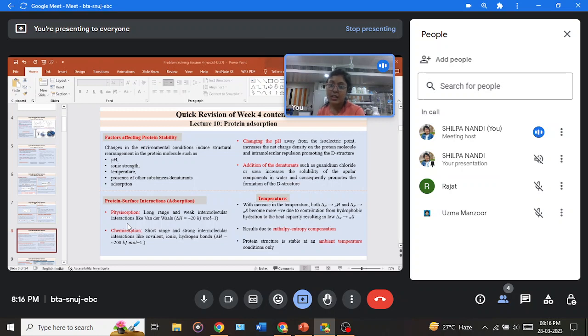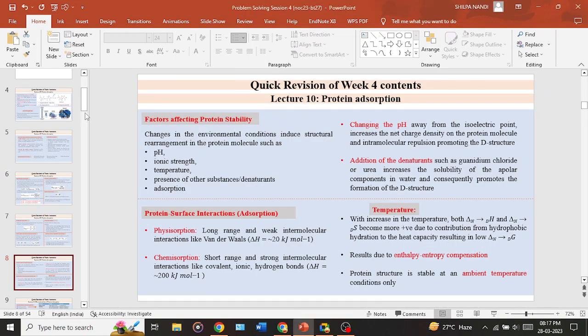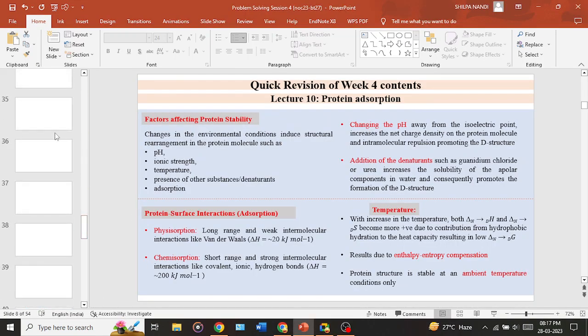You can see the enthalpy is around 20 kilojoule per mole in case of physisorption, so it is weak intermolecular interaction. And in case of chemisorption, it is around 200 kilojoule per mole. Hence, it is a strong intermolecular interaction. So now you can give the answer to this question very easily.